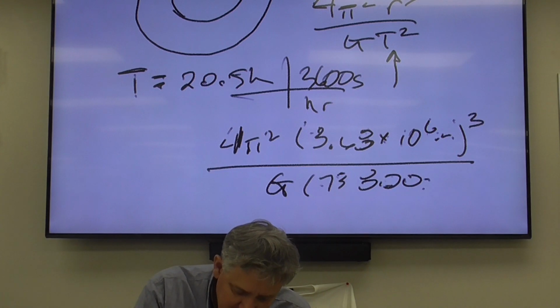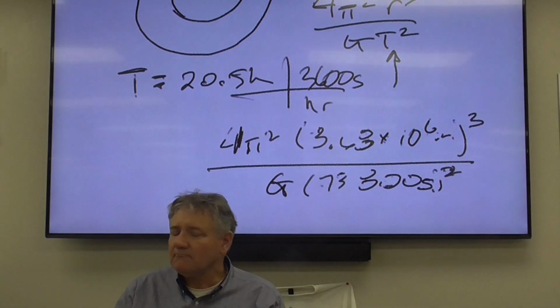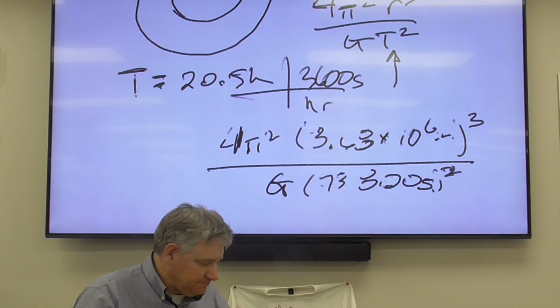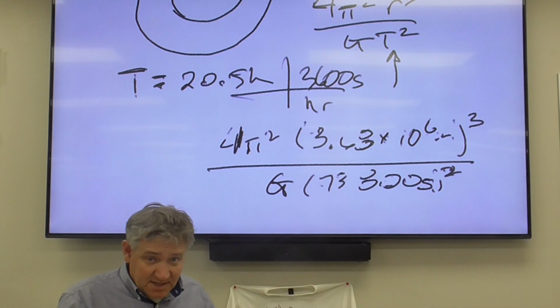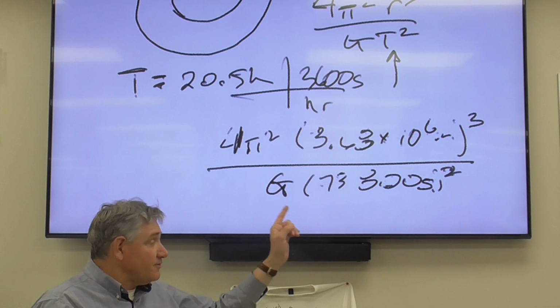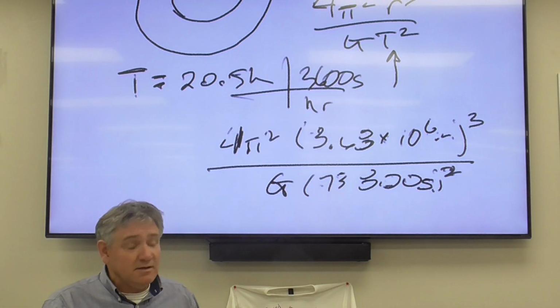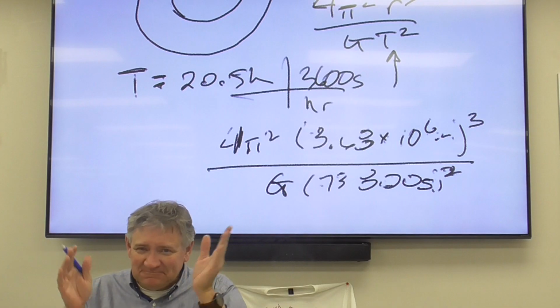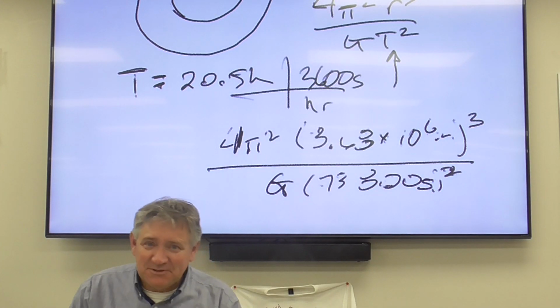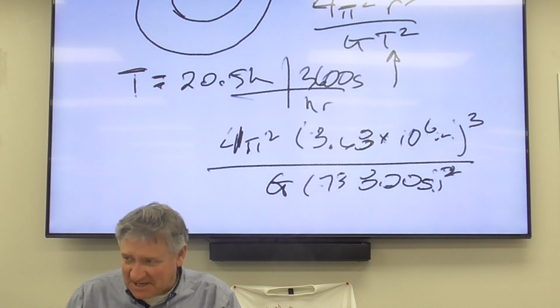But now, here's what you're going to do wrong. Been there, seen it. You're going to forget to square the value of seconds. You're going to be so happy. It's like, oh, Mr. Burkamp, you didn't catch me with your evil trick. I converted that into seconds.